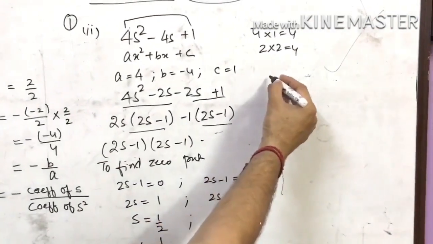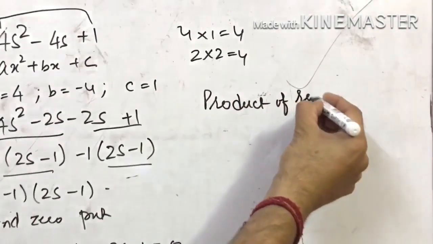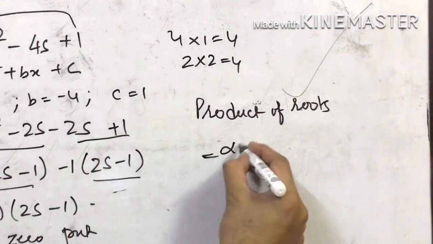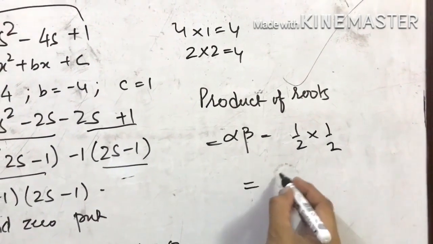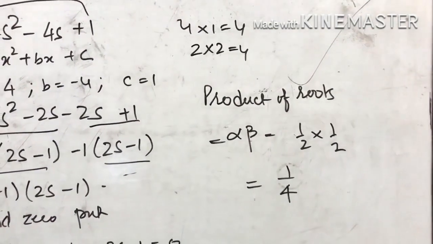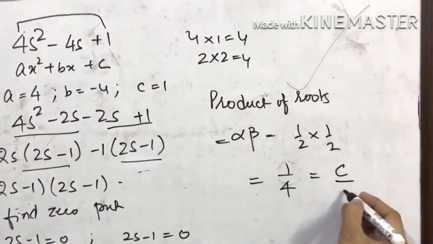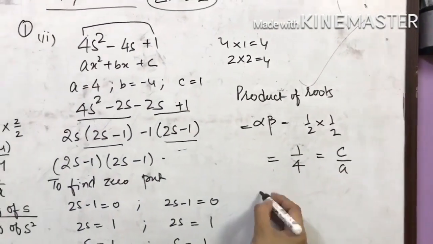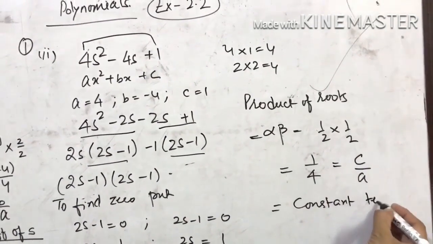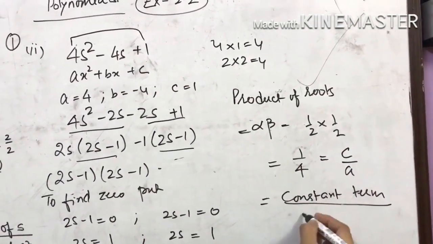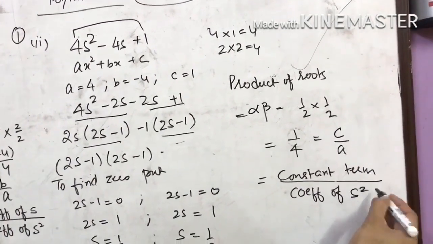Now we will do product of roots. That is alpha into beta, that means half into half. What you will get? Now 1 is C, what is 4? 4 is A. So that means constant term divided by coefficient of x square.